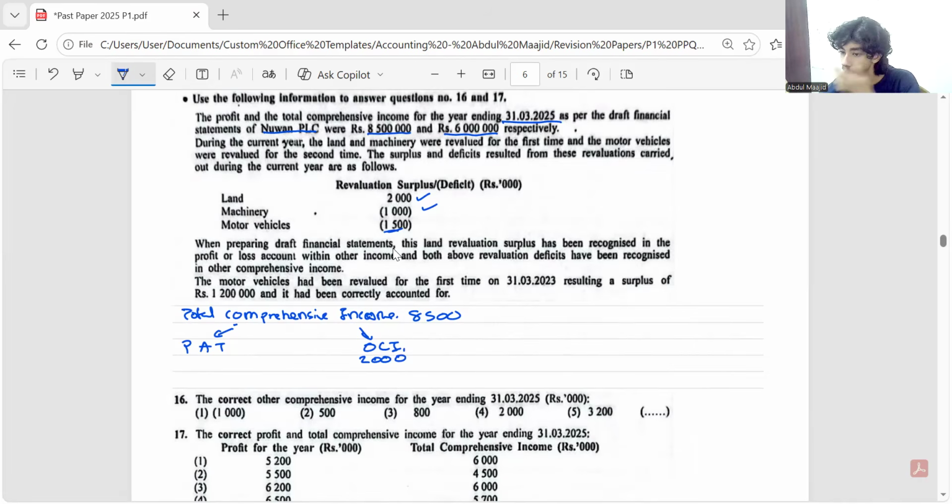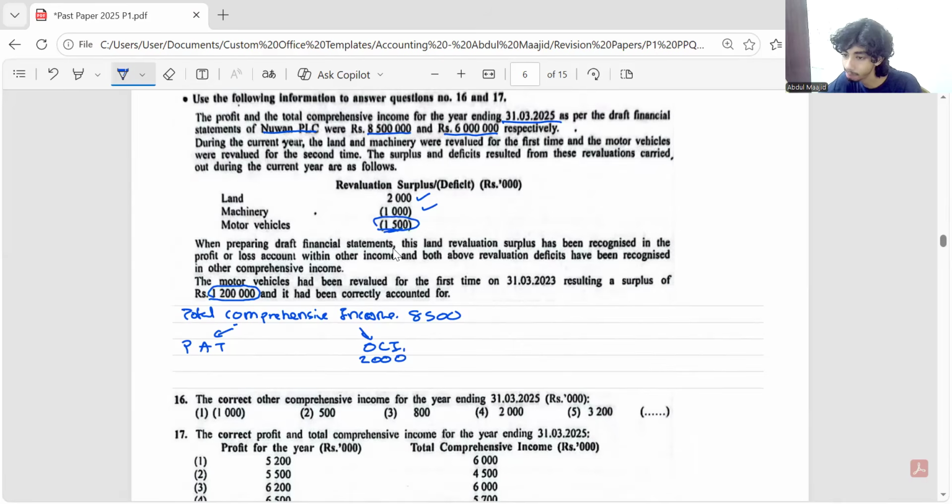The motor vehicle has been revalued for the first time on 31st March 2023, resulting a surplus of 1,200,000, and it has been correctly accounted for. Last year there was a surplus from the motor vehicle 1,200,000. This year there is a deficit of 1,500.